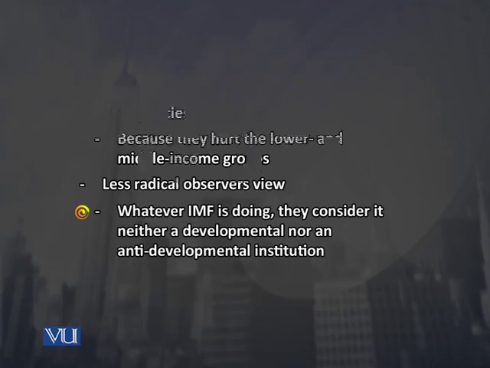They take it as a neutral kind of institution which neither contributes towards the development process nor to the anti-development process. However, from the perspective of the developing country, we always consider IMF as a big monster who is there to cut our throats, put us in difficult situations, levy heavy taxes on us, and always increase electricity rates and things like that.